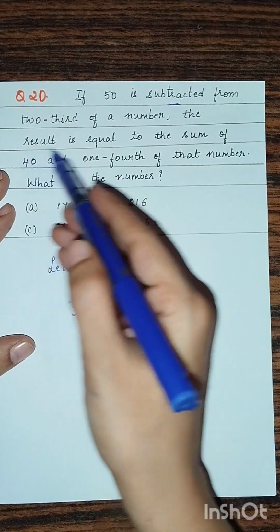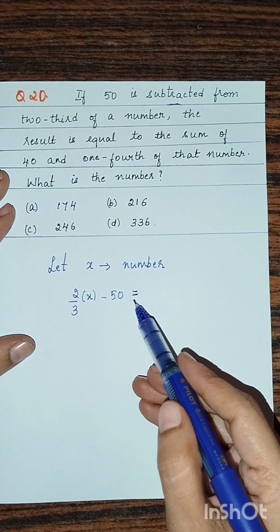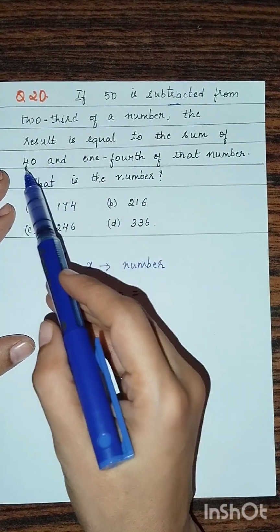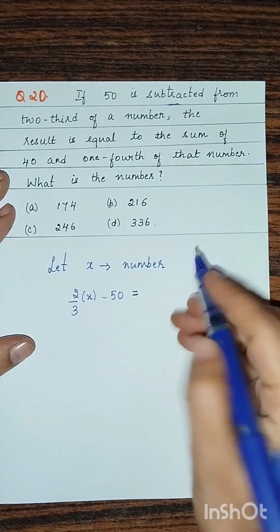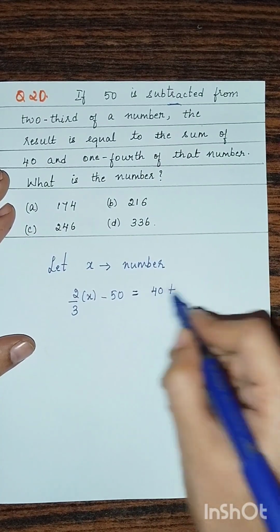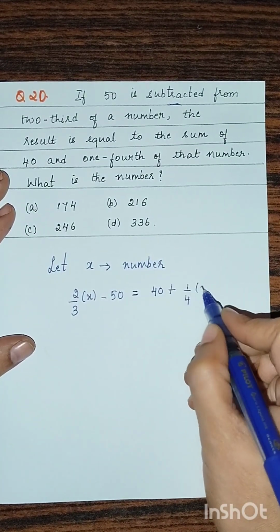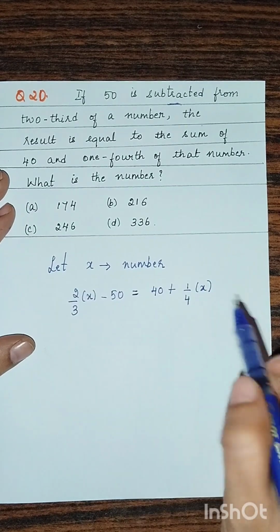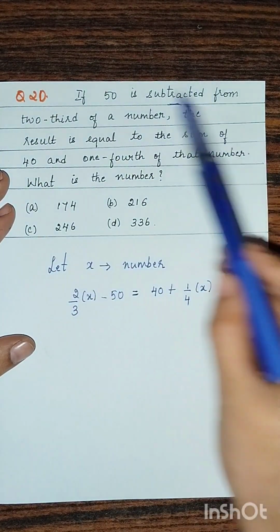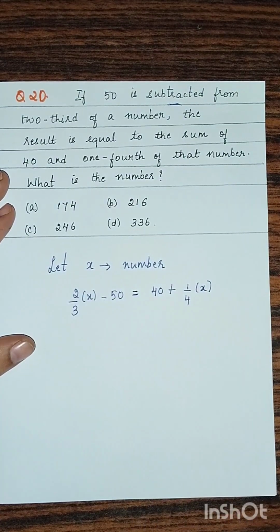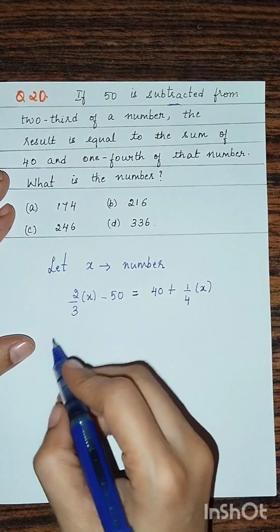Instead of writing all this, we can just write this symbol. To the sum of 40 and 1/4 of that number. So in just one equation, we just translated this entire thing into one equation. Okay, now let us find the number.